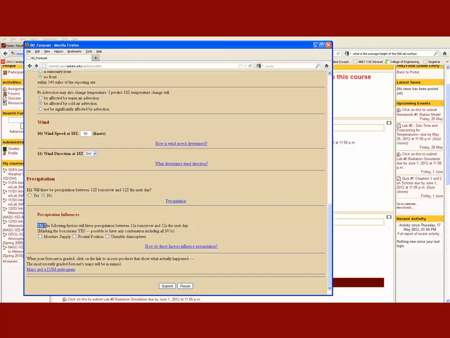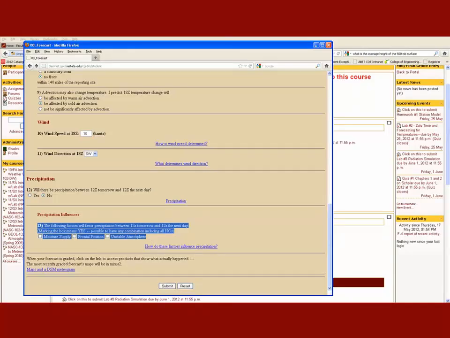And question 13. Now question 13 has to do with analyzing why or why not precipitation will occur. Regardless of what you put in question 12 here, you will always have to analyze or answer question 13. Now here's your first major breakthrough in this course.